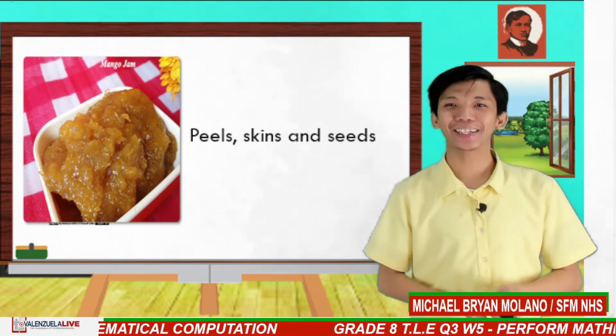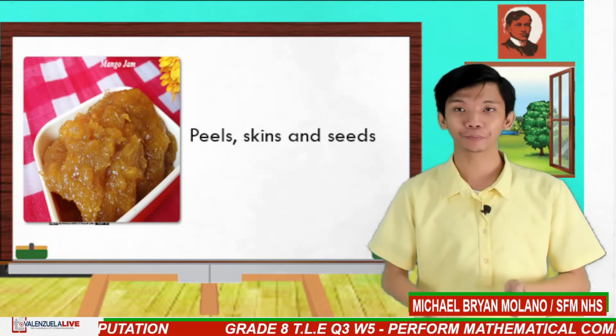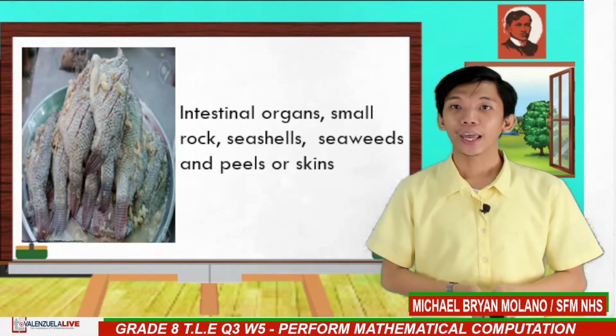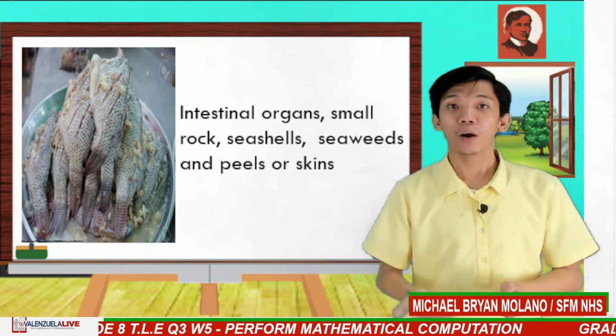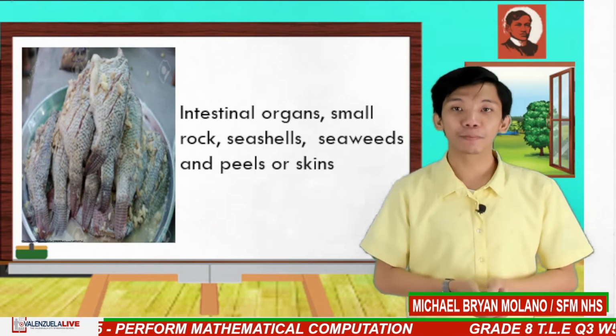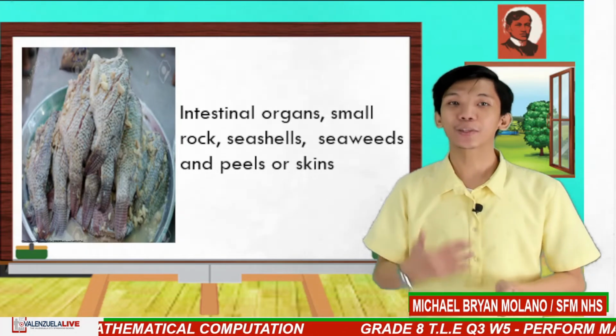Yes, you are right. Spoilage refers to the peels and seeds of the mango. And in fermented fish, the intestinal organs, small seashells, small stones, or seaweeds are the spoilage.